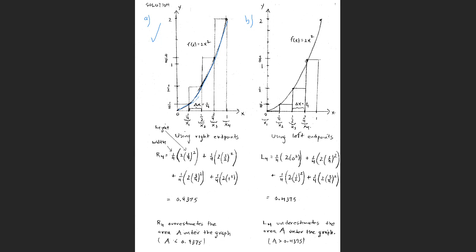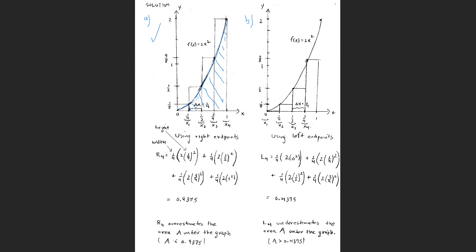So this is the area that I want to estimate. I want to estimate all the area underneath the curve f of x equals 2x squared and above the x-axis. I want to find out what that blue area is.